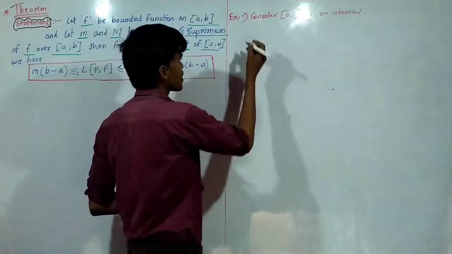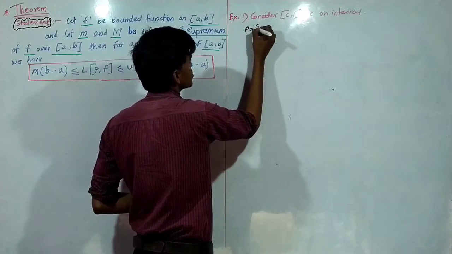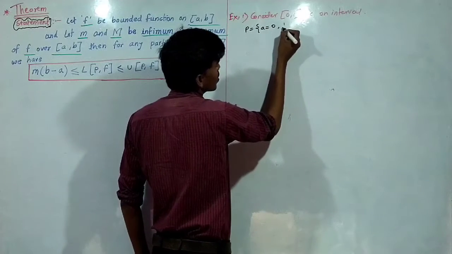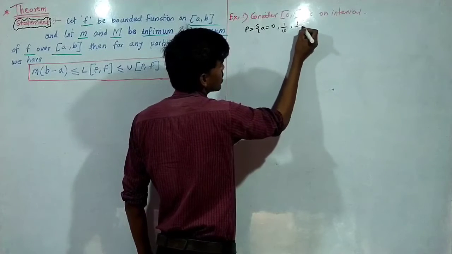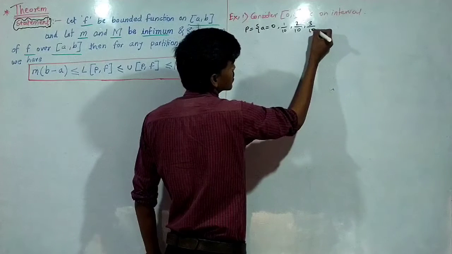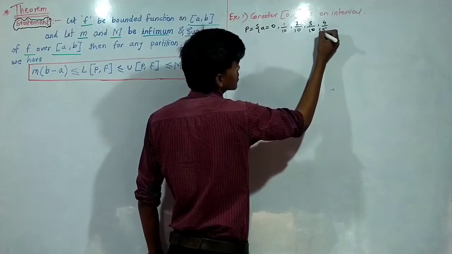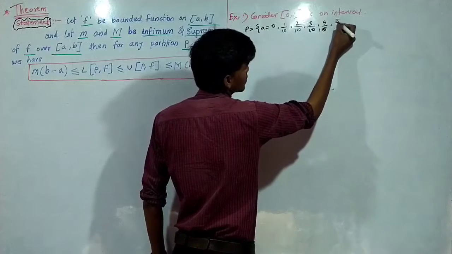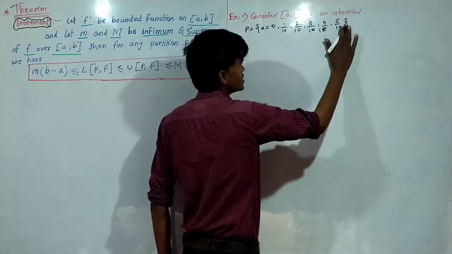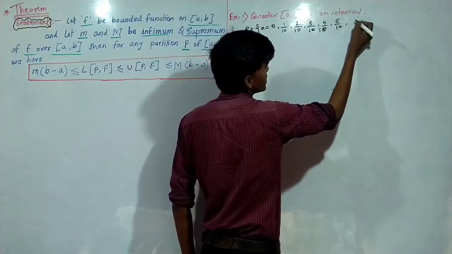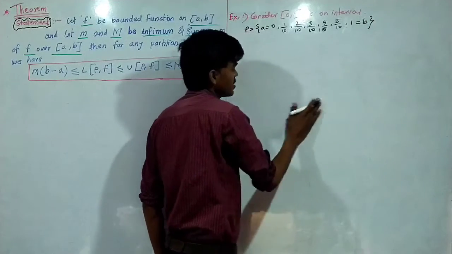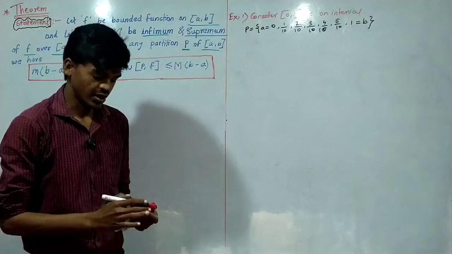We need to consider one partition, let's say A equal to 0, 1 by 10, 2 by 10, 3 by 10, 4 by 10, 5 by 10, and I will take 1 equal to b. So this is our partition which we have considered.